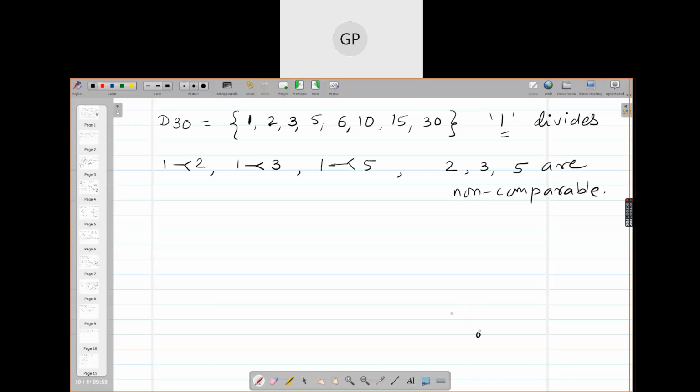So I am keeping them at the same level. Let me draw it bigger. 1 I am keeping at the bottom, then 2, 3, and 5. Now I am joining them. Now 2 is covered by which elements?